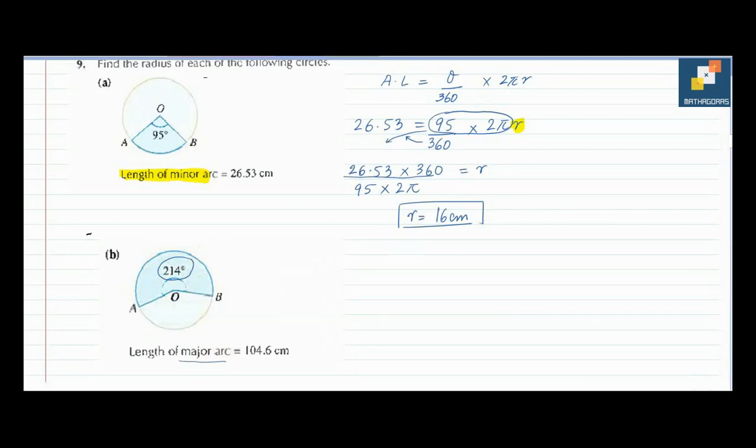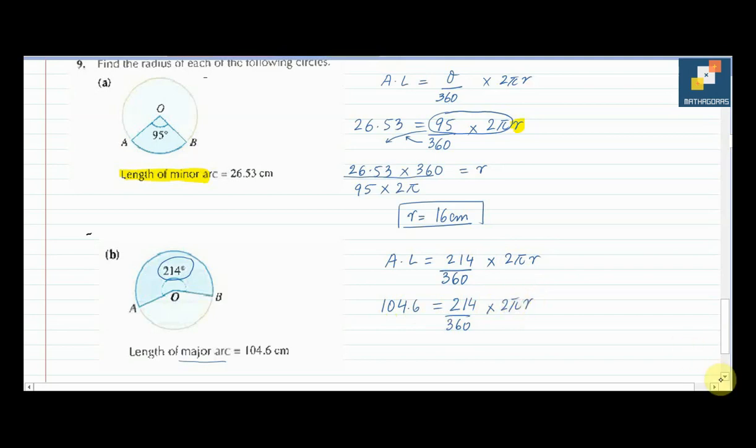Now arc length is angle divided by 360 multiplied by 2 pi r, and the value of arc length is 104.6, equal to 214 divided by 360 multiplied by 2 pi r.